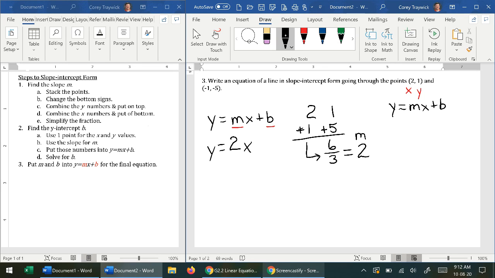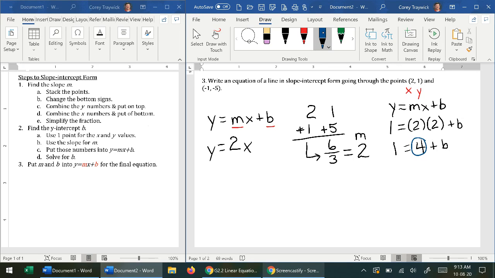So in place of y, we put the number 1. In place of m, we just figured that out. The slope is 2. And in place of x, we also have the number 2. And we're going to solve for the letter b. 2 times 2 is 4. So that leaves us 1 equals 4 plus b. Let's do our trick.